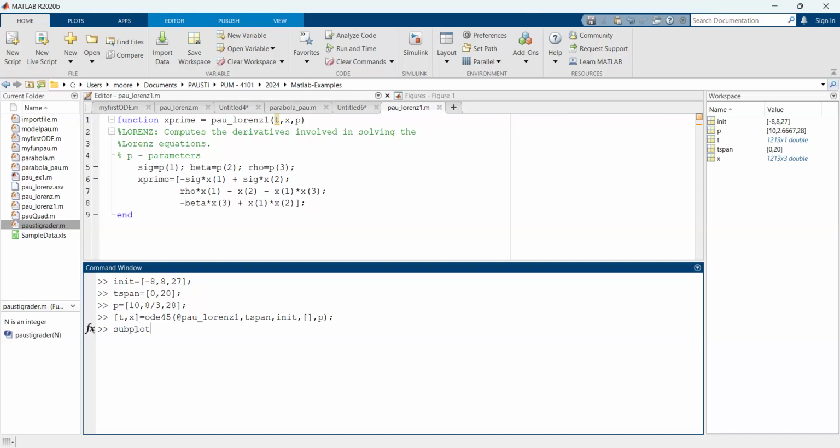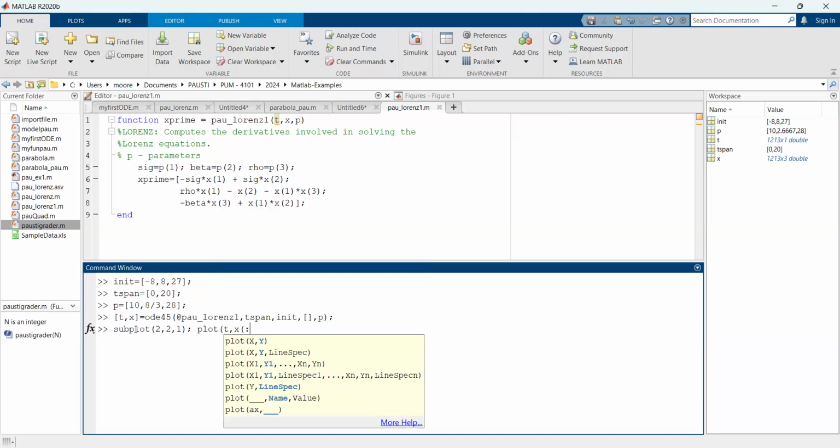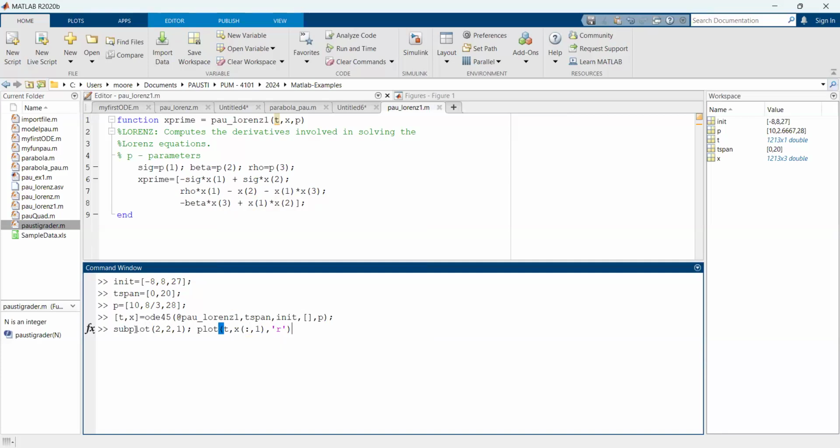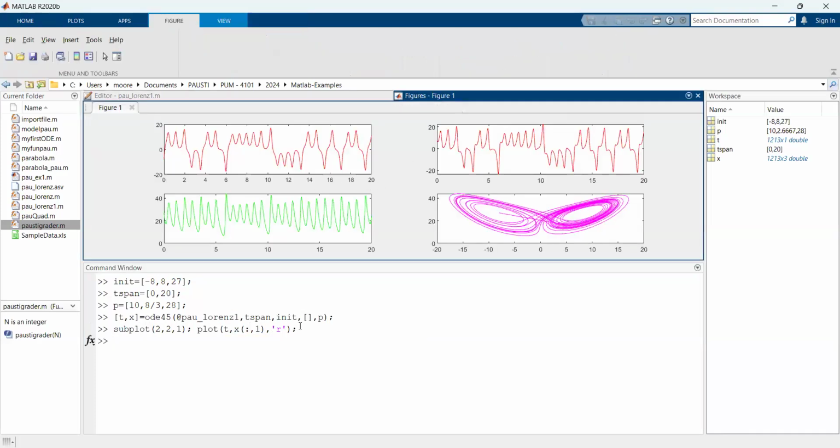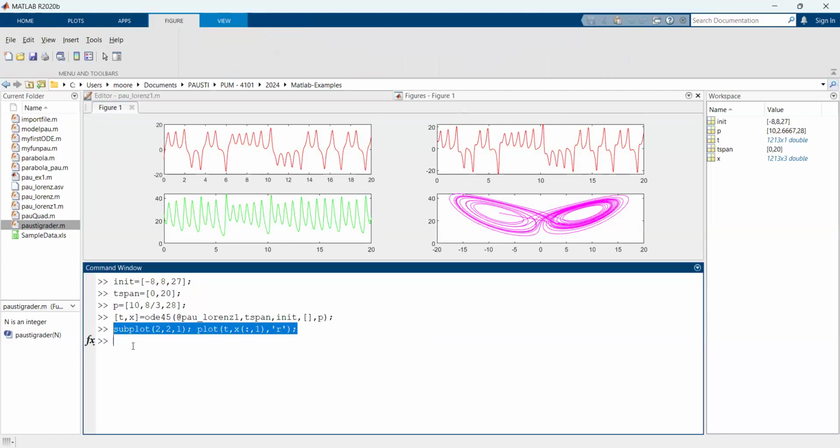You can do a subplot 2 by 2 by 1, and then plot t against x1, red. Then subplot 2 by 2 by 2, and now let's say blue.